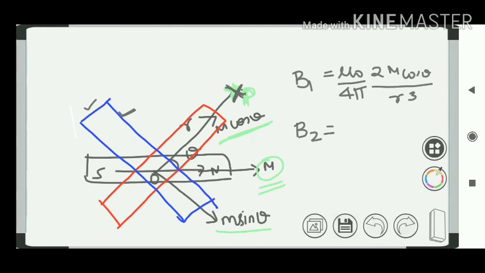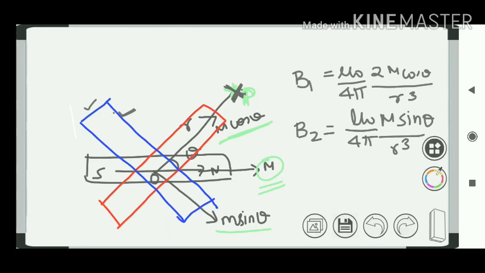Just look at the bar magnet and the point P, nothing else. So the blue bar magnet is having point P along its equatorial. So B2 will be mu 0 by 4 pi, m sin theta divided by r cube, just mu 0 by 4 pi m by r cube in the usual case.